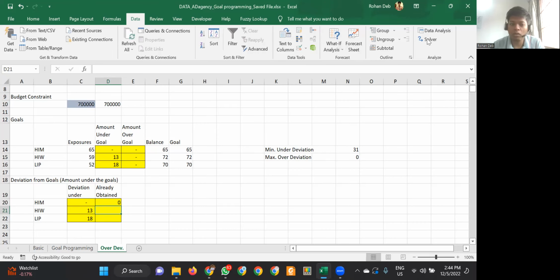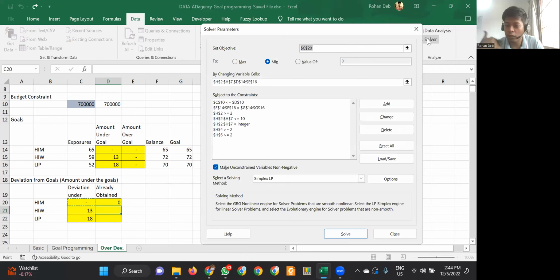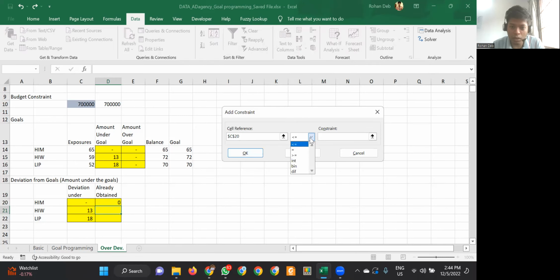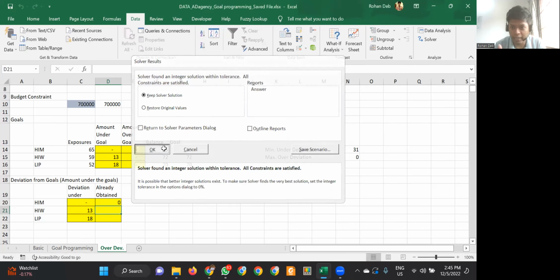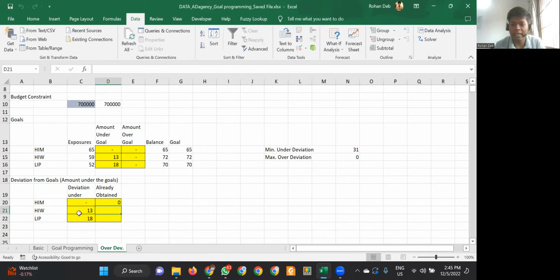Now we'll run Solver again, but this time we'll add another constraint that this should be equal to this. Click on OK. This basically says don't change the first one. Now run Solver again. This is giving me that HIW can be minimum 13. So I say, okay, this can be 13.